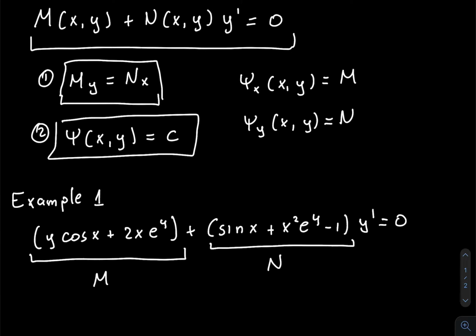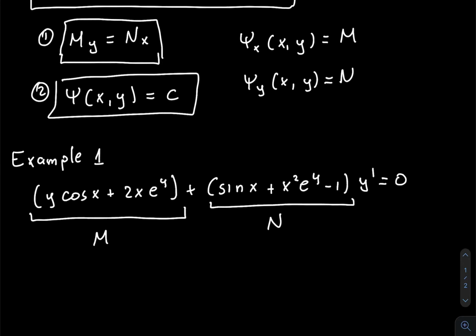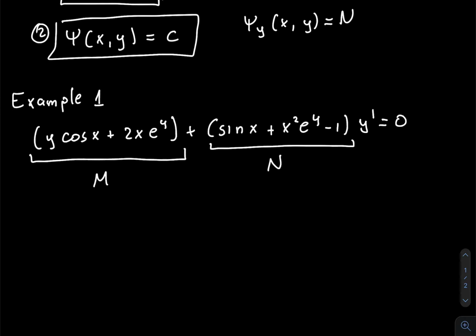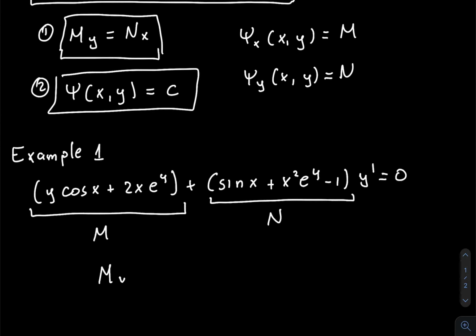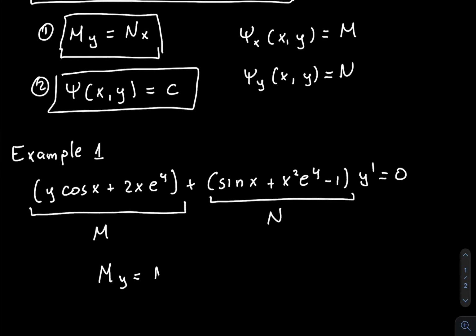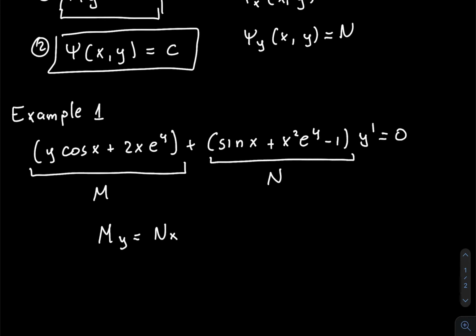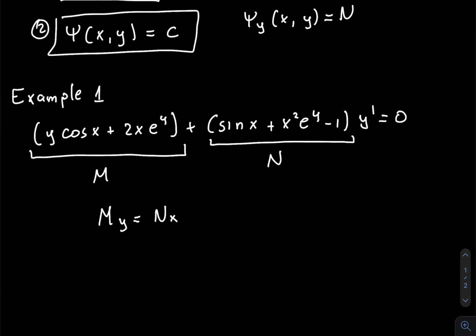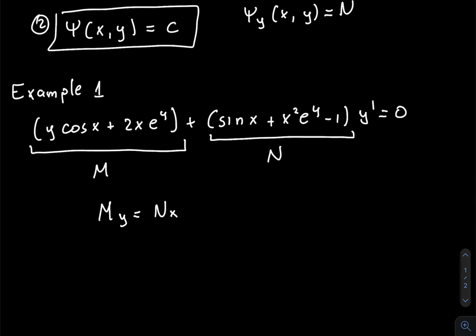Again, the first step is to check that the partial derivative of M with respect to y is equal to the partial derivative of N with respect to x. Let's see if that's true for this example. For this part, the partial derivative of M with respect to y gives cosine of x plus 2x e to the y.